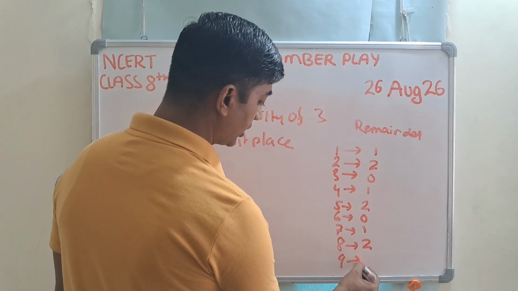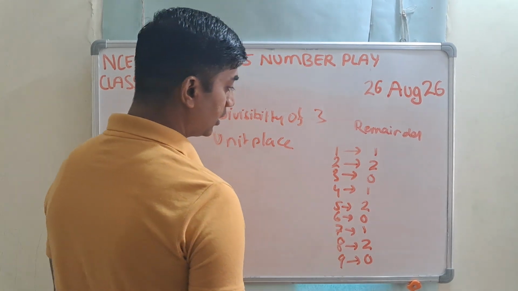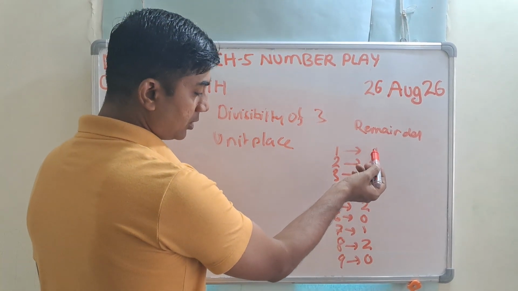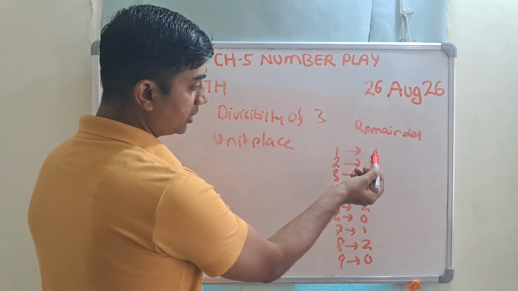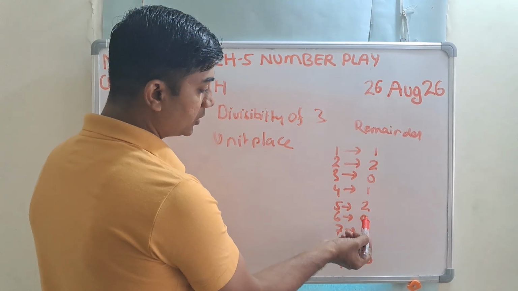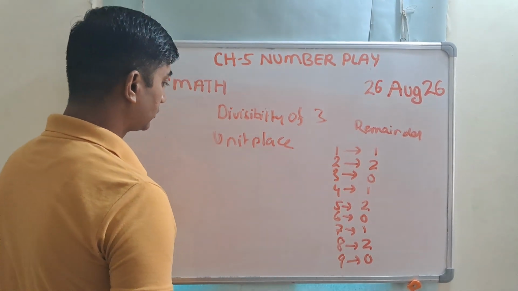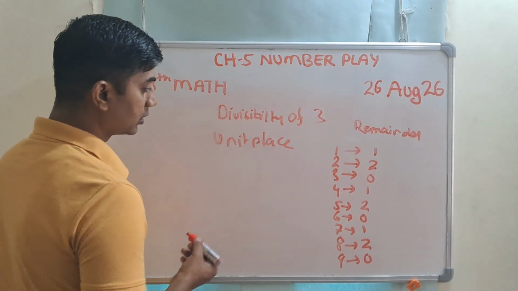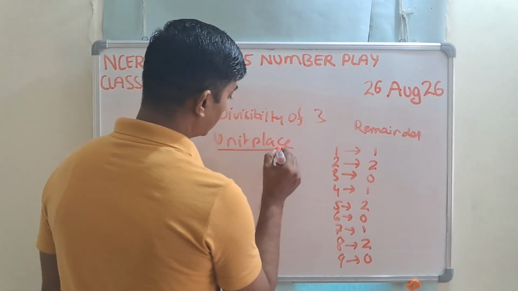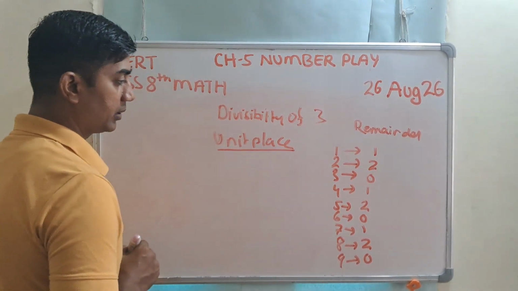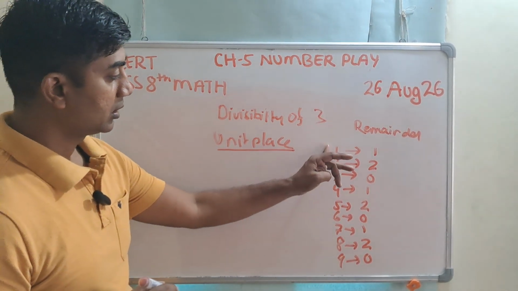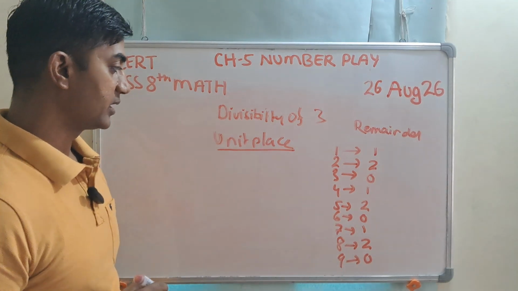When you divide 9, remainder 0. Can you see the pattern that you are having remainders only 1, 2, 0, 1, 2, 0, 1, 2, 0. This is the case of unit place. Understood? Any number at unit place, you will get this as a remainder.